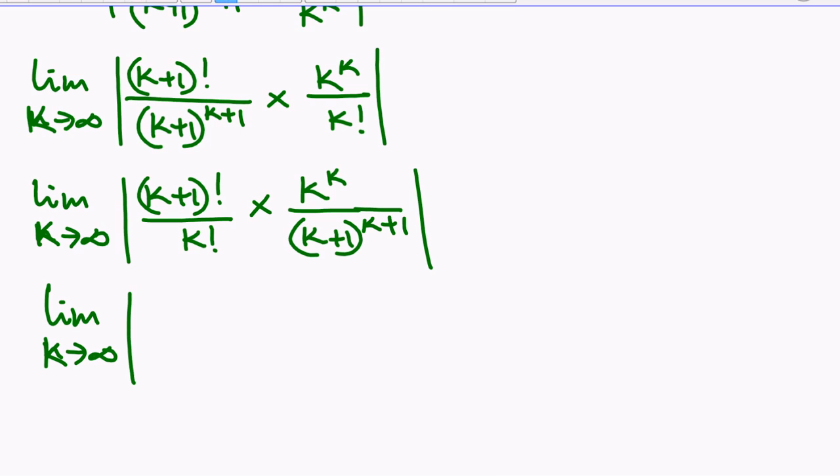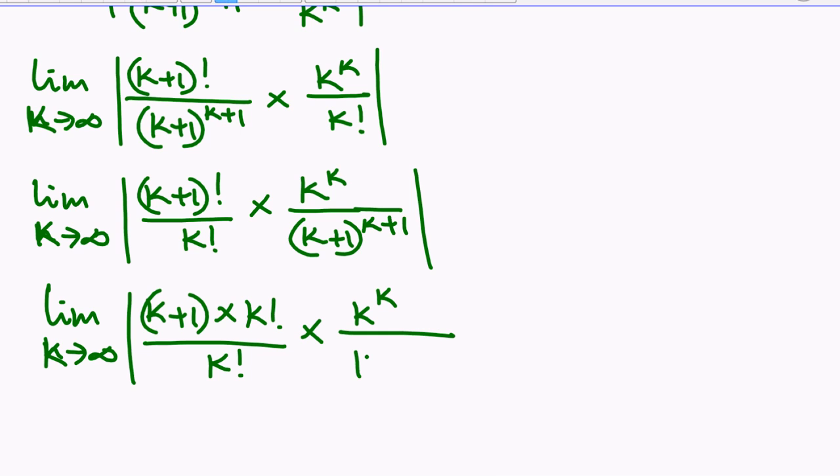So anyway, we end up with k plus 1 multiplied by k factorial over k factorial, multiplied by k to the power k over k plus 1 multiplied by k plus 1 to the power k.